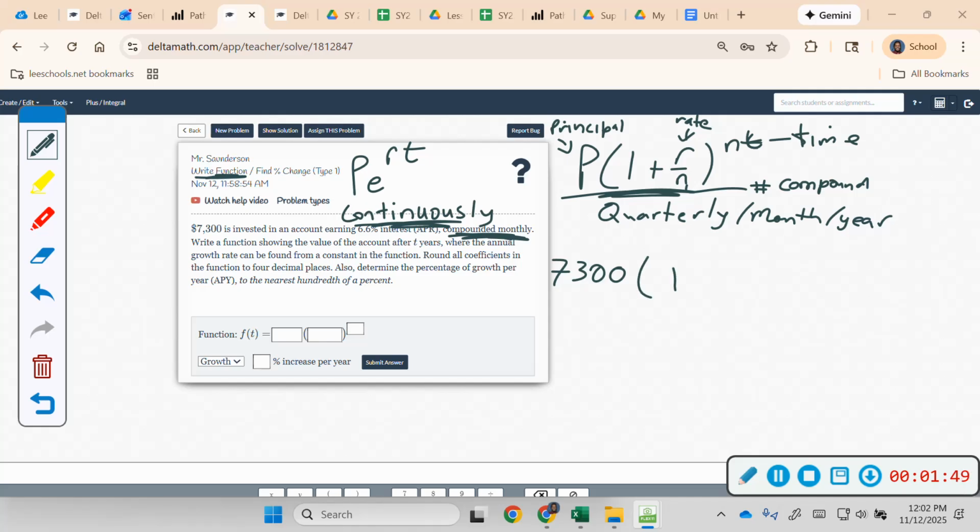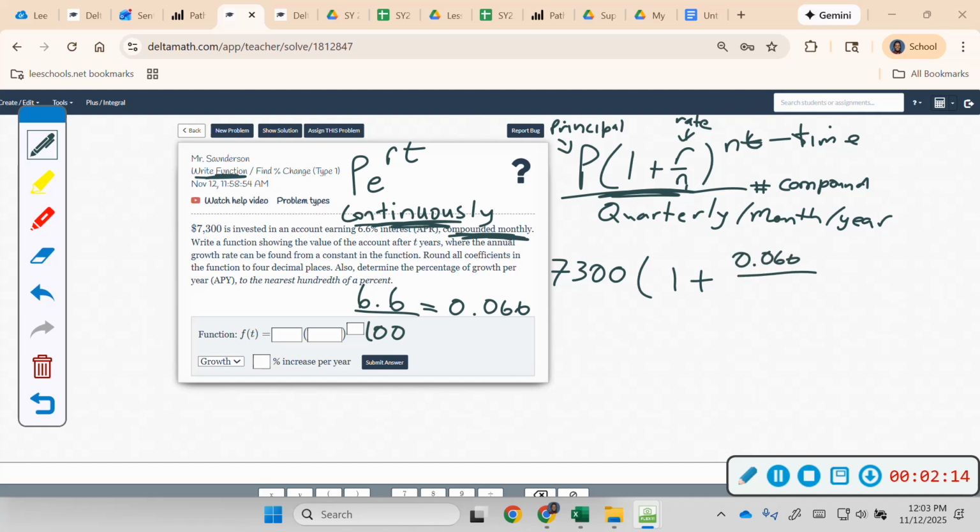Then write parentheses 1 plus r, and r correlates with the percentage that you earn. Any amount that you go up or down by represents your rate. But this 6.6 can't be represented as a percentage, it needs to be a decimal, so I divide by 100, which gives me 0.066. That's my rate.